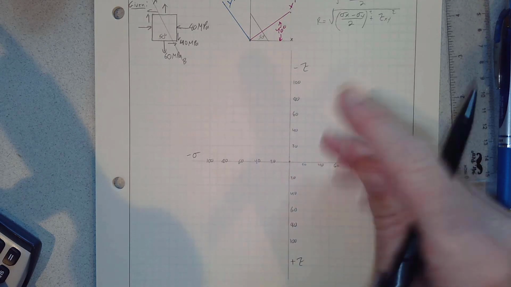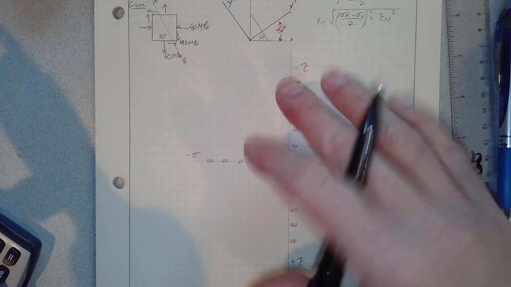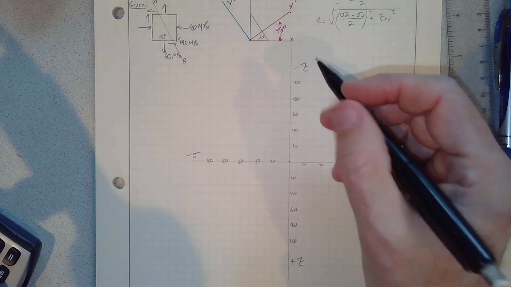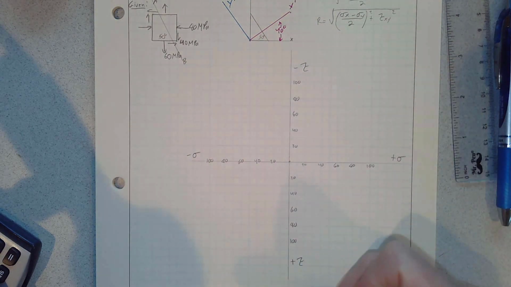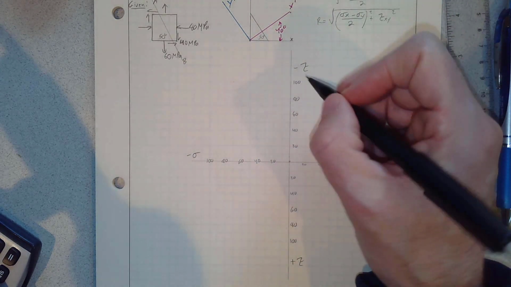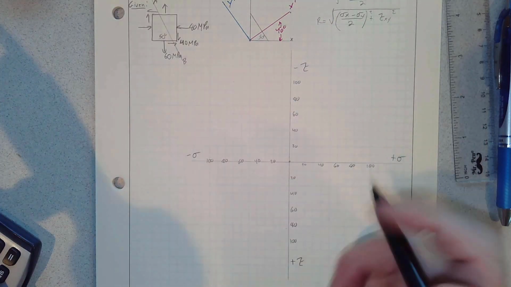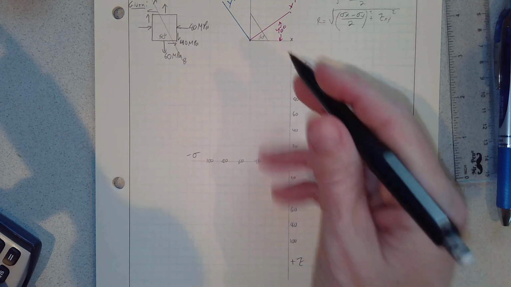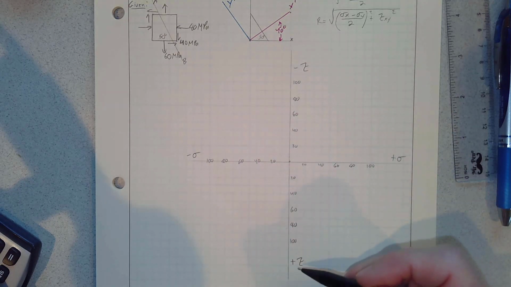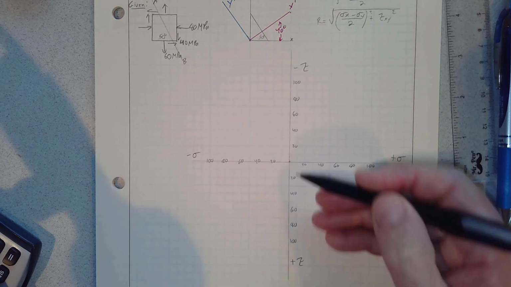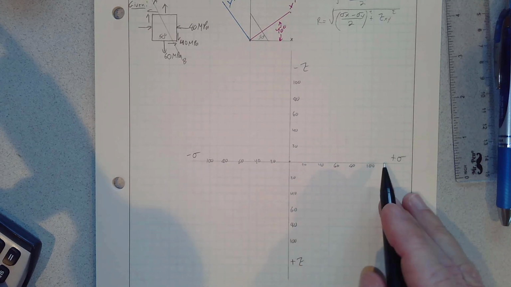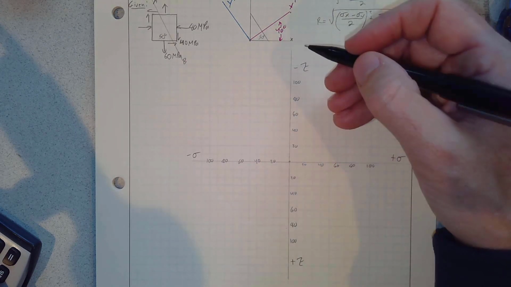The oddball one is that, to make the numbers work out correctly as we rotate around the circle, on our shear stress axis, negative shear stress is up, what we would consider positive y direction. That's a little odd compared to our normal quadrant one up here. So positive shear stresses are plotted below the normal stress axis, negative shear stresses are plotted above.